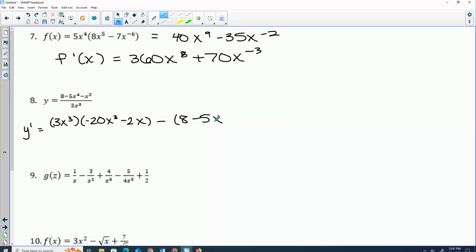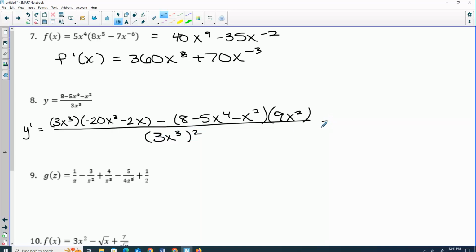8 minus 5x to the 4th minus x squared times 9x squared. D low is 9x squared. Over, if you're doing quotient rule, do not forget your denominator, low squared. So if you do that, then we multiply it all out, so we get negative 60x to the 6th minus 6x to the 4th.